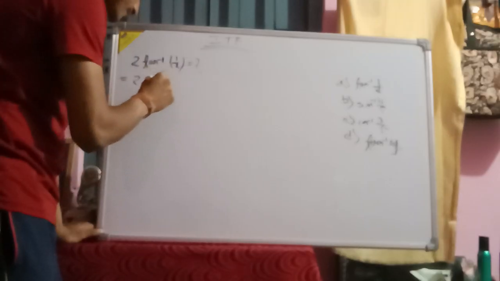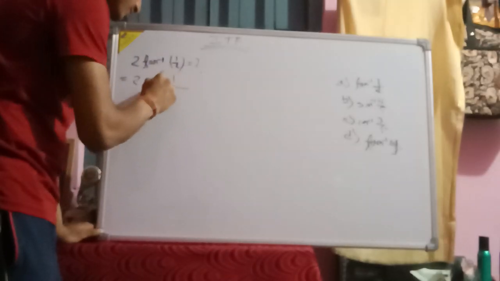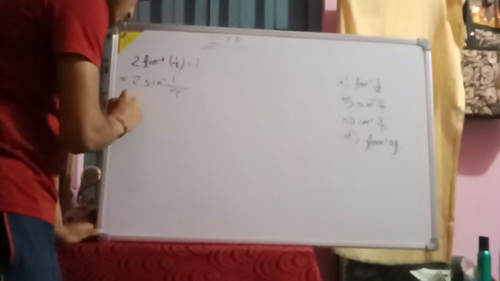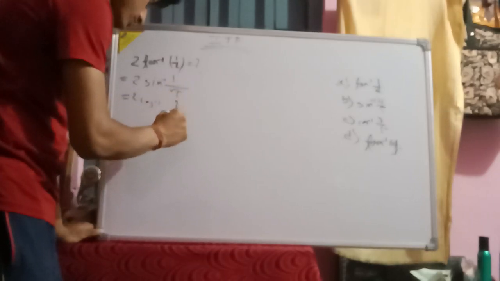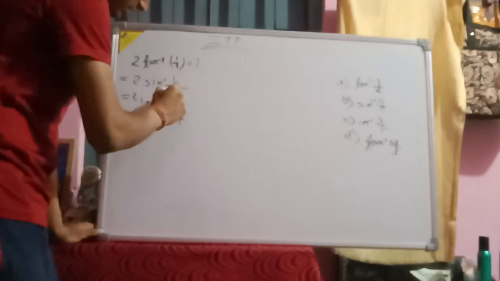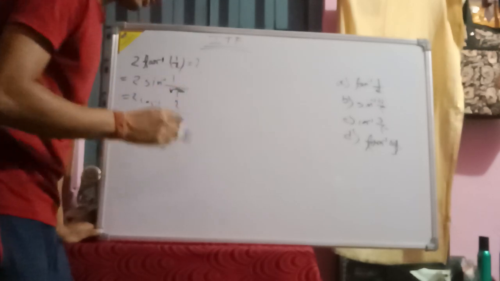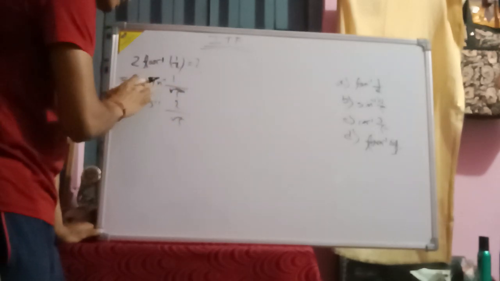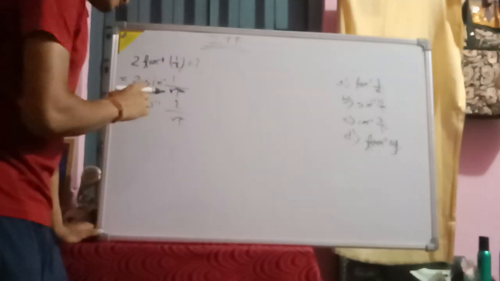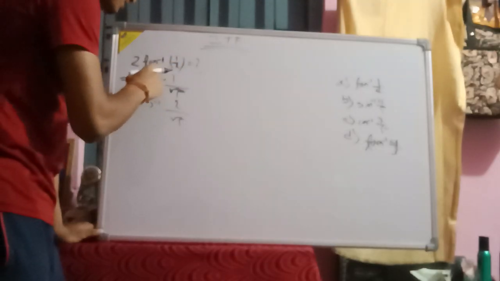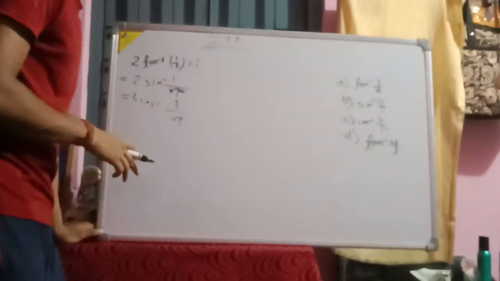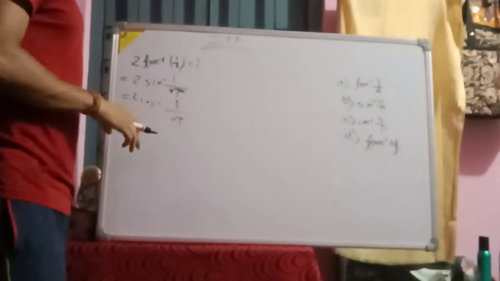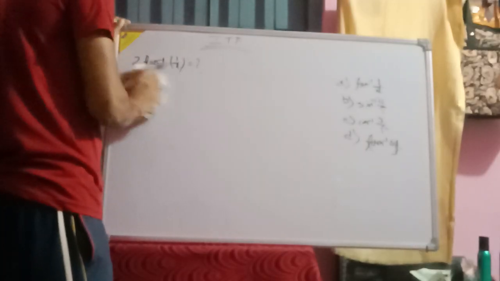For sine, it would be sine inverse of 1 over root 5. For cos, it would be cos inverse of 2 by root 5. But the problem with these two approaches is the same: I don't know for which angle the sine is 1 over root 5, and I also don't know cos of what is 2 over root 5. So this approach is not going to work here. I have to think of something different.